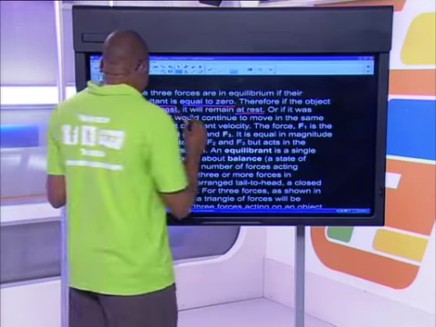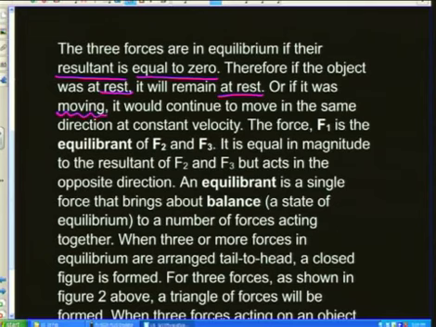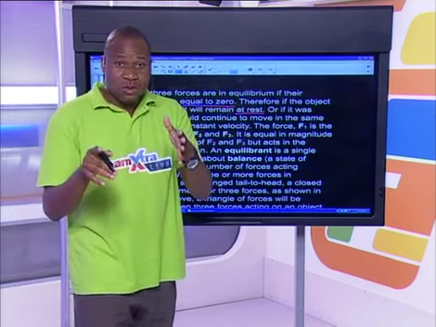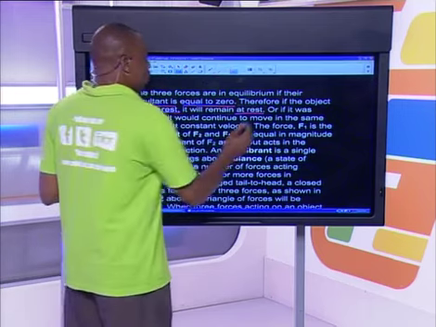And again, if this object was moving, now I want you to get this very clear because some people have misconceptions about things moving and then they think, oh, once something is moving, we can't talk about forces in equilibrium. Yes, we can. Let me tell you now.